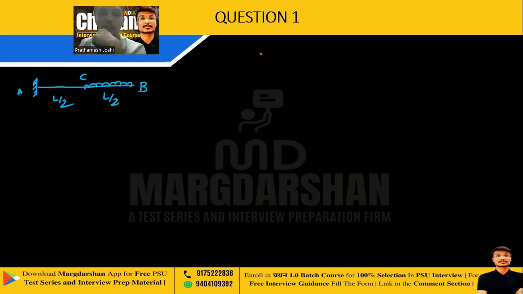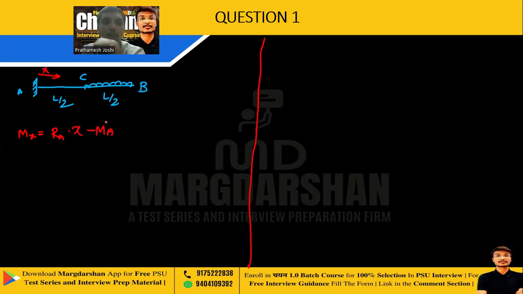Now, we will take a section at X from A. So what will be the moment here? M at X will be RA into X minus MA, because RA into X is clockwise and MA is anti-clockwise, so this is positive and this is negative.